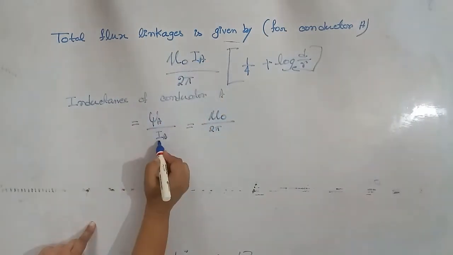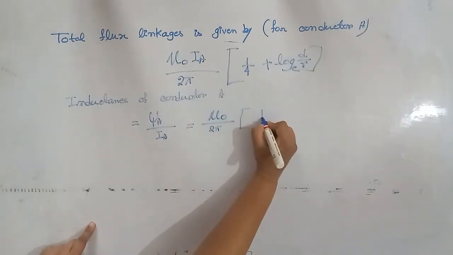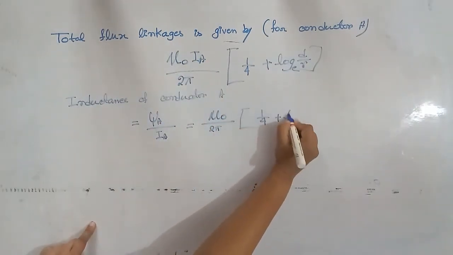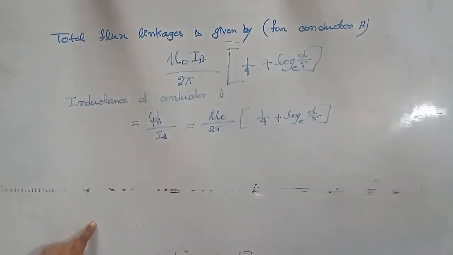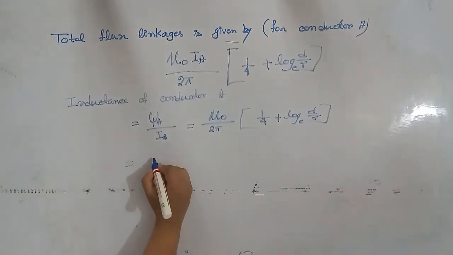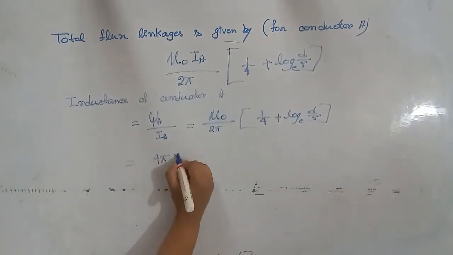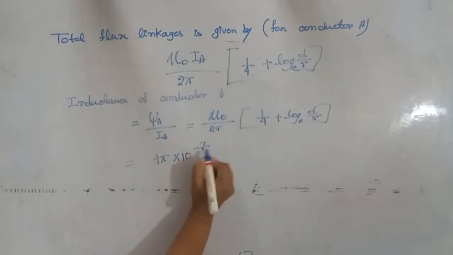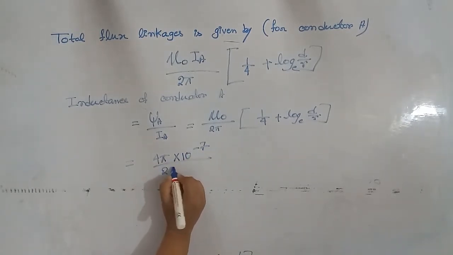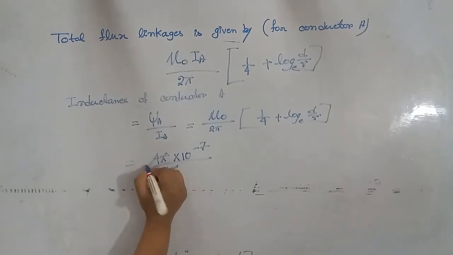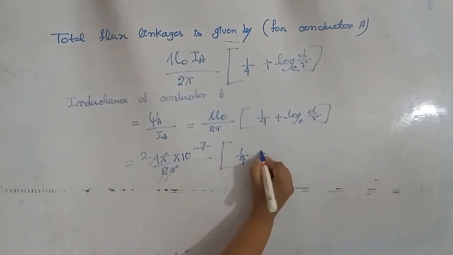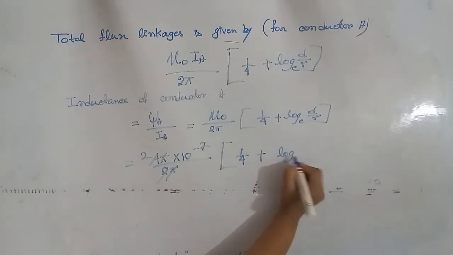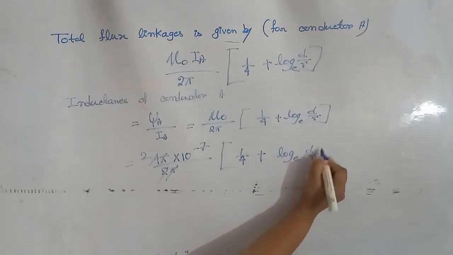Now IA cancels out: 1 by 4 plus log e D by R. Now the value of mu 0 is 4 pi into 10 to the power minus 7, by 2 pi, 1 by 4 plus log e D by R.